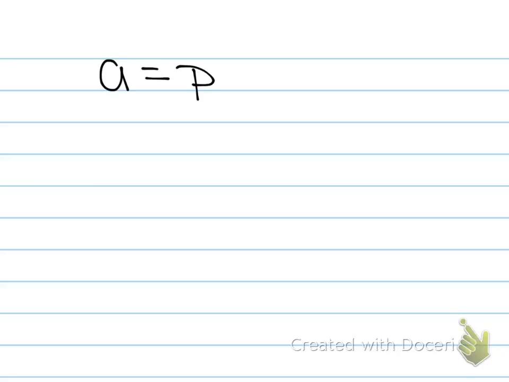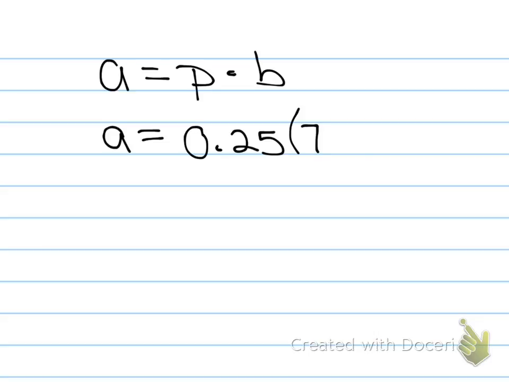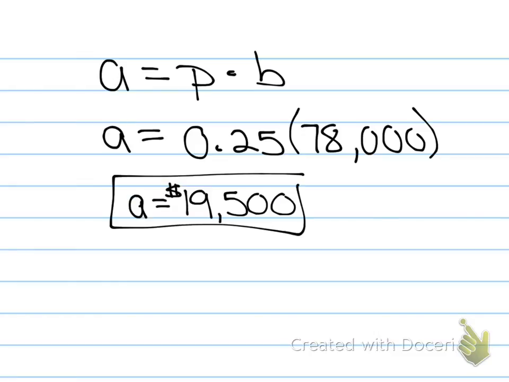What I don't know is how much of that income went to my mortgage payments. So A equals 0.25 times my total income. How much did I spend on my mortgage payments? Yeah, some of you got it. $19,500.